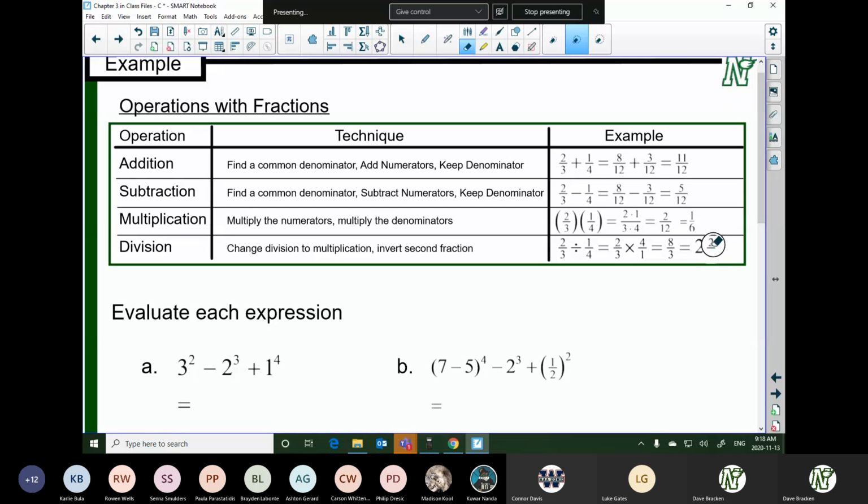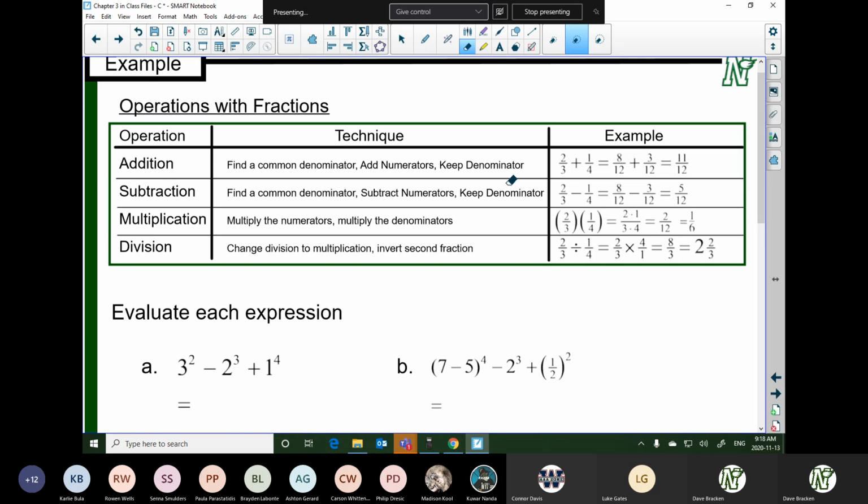There's 2 of those thirds left over. So 3 goes into 8 2 times, 2/3 left over. Does everybody remember doing that in grade school? Changing impropers to mixed? Yep. Yes. Okay. And those are the 4 operations. So we may see those in some examples going forward.